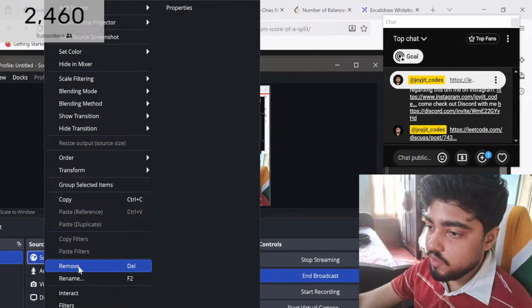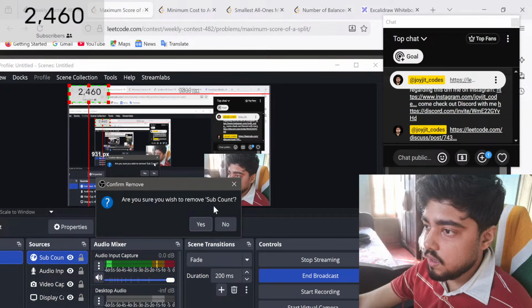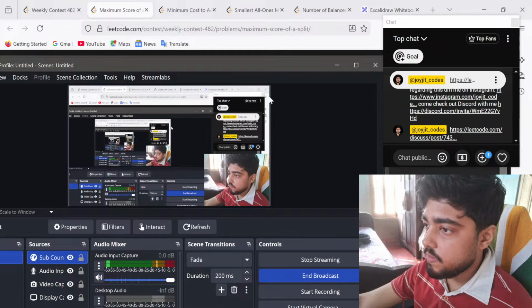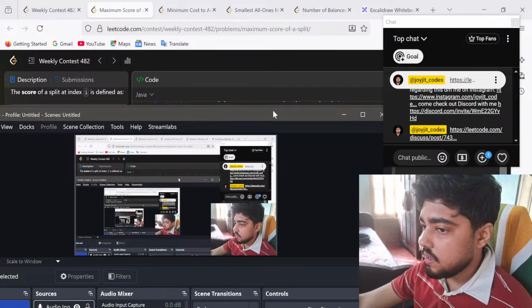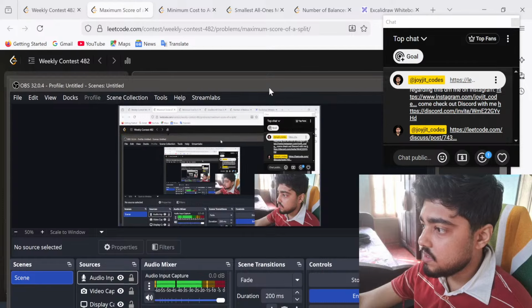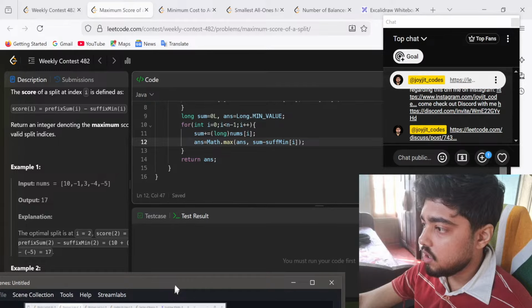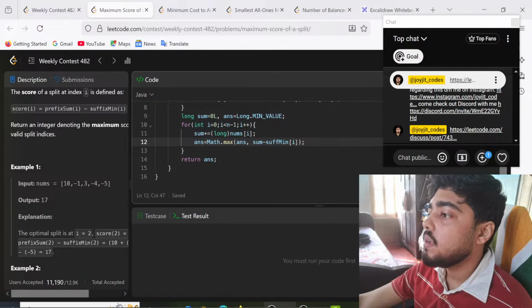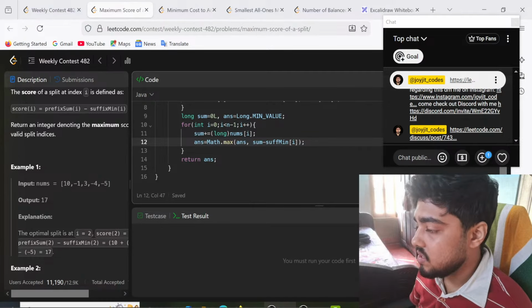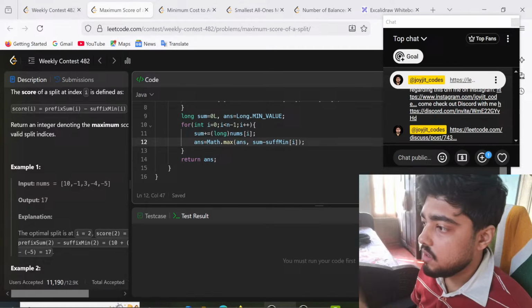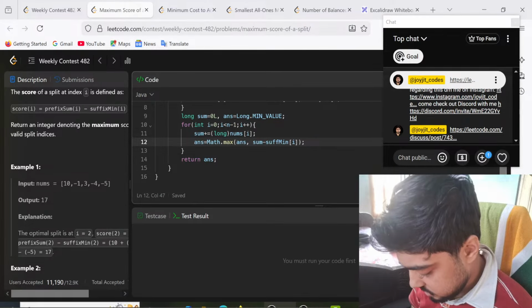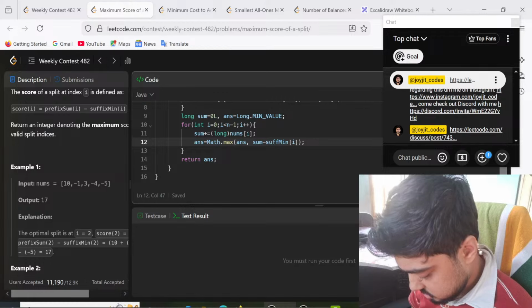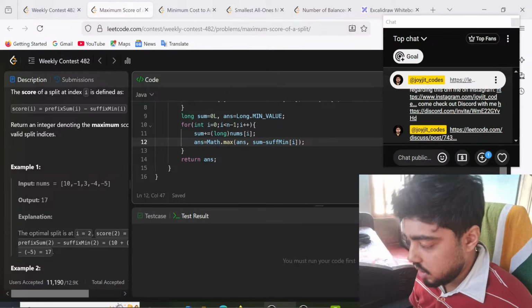Let me remove this. If this fixes it, then I think I know the issue. Okay, so yeah, I think this was the issue. There was a long polling thing that I had done, which was taking the stuff from the backend. So yeah, it should be good.